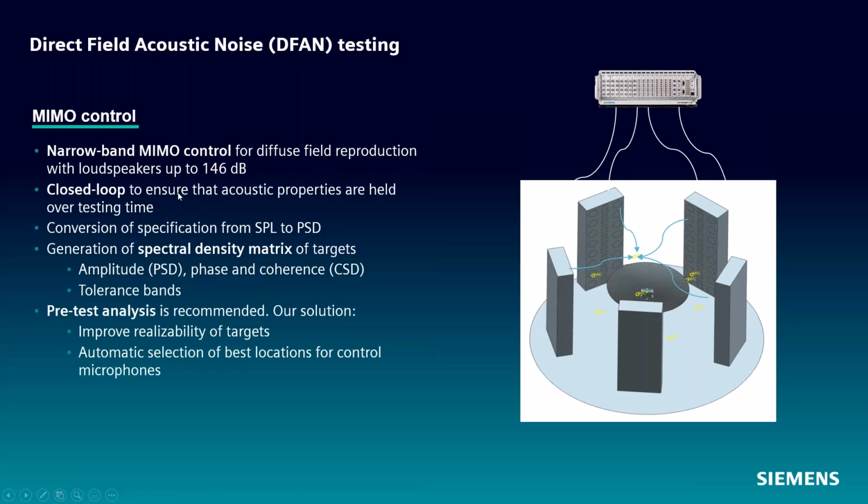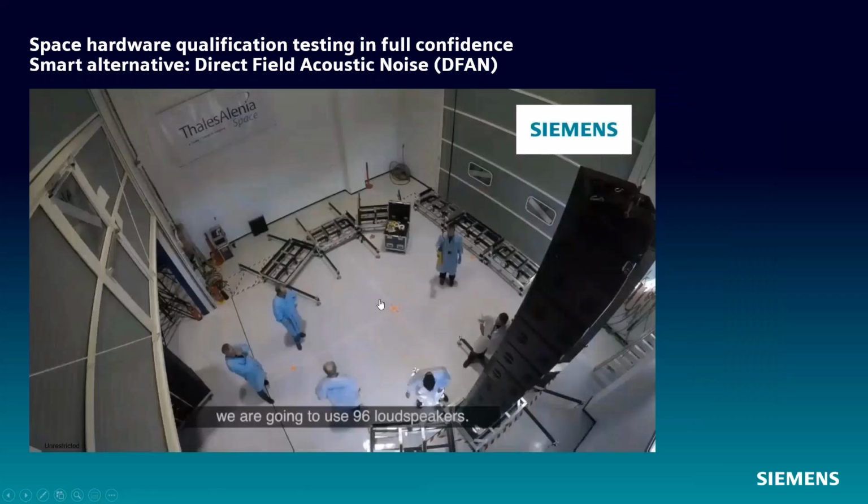It's a closed loop control. You need to take the sound pressure levels from the launch vehicle manual, convert that to control PSDs, and then you generate this matrix of control PSDs, phase and coherence. And we can also do some pre-test analysis, which is recommended. So we'll take a look at some of that stuff.